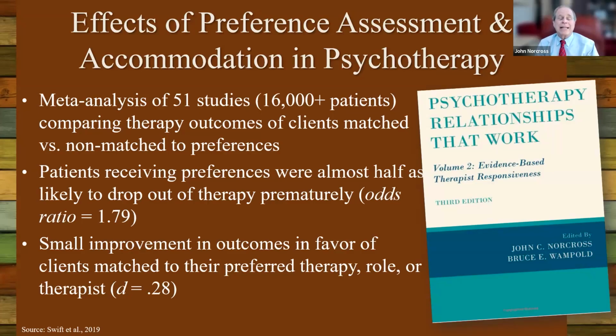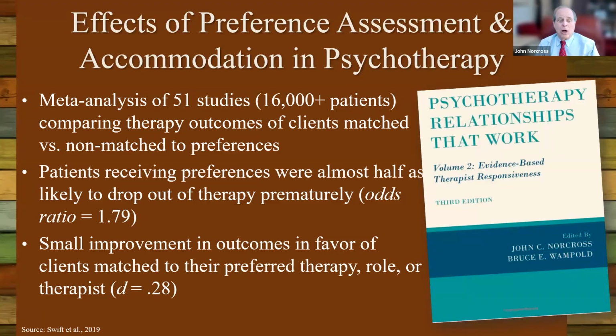Well, patients receiving their preferences were almost half as likely to drop out of therapy prematurely. That's an odds ratio of 1.79. So by systematically assessing and, when appropriate, matching those strong preferences, you are reducing dropout by almost half. That's a powerful effect indeed.